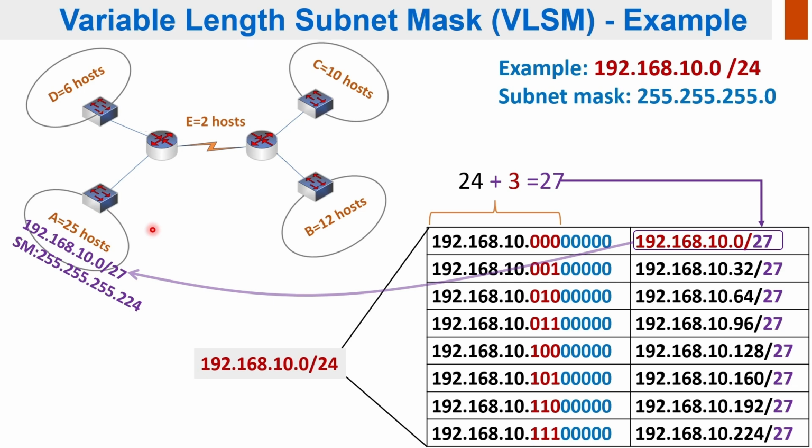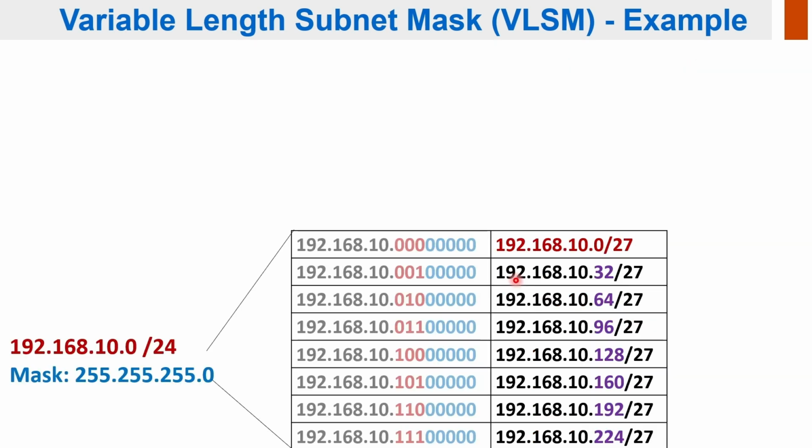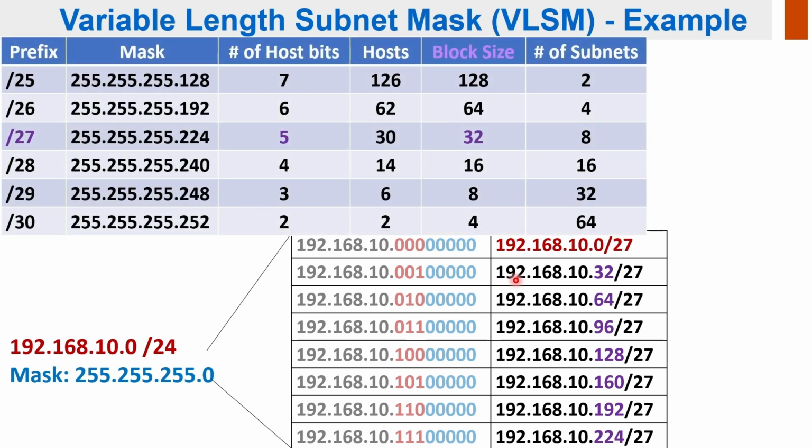Okay, before doing the remaining part, let me show you a trick to get the decimal directly, without converting from binary to decimal every time. We said we need 5 host bits. So 2 to the power 5 is 32. That means the block size is 32.